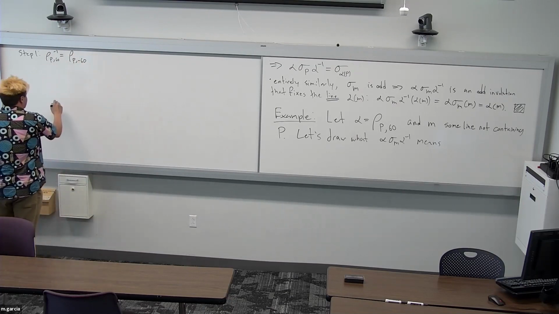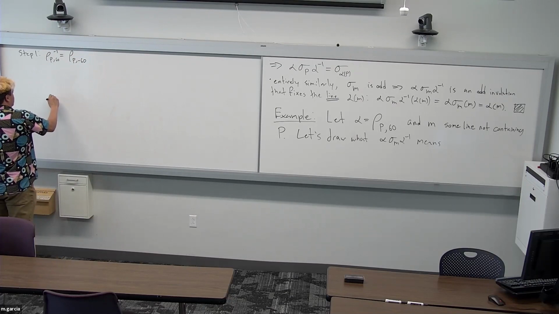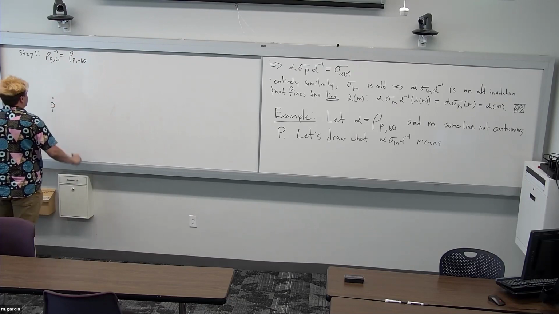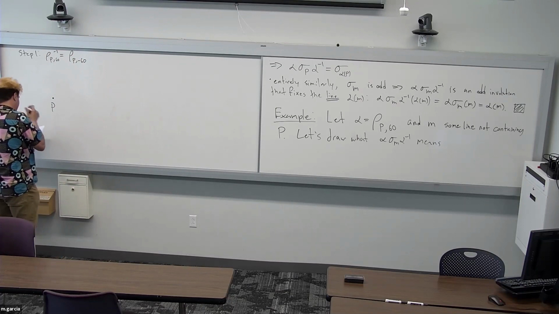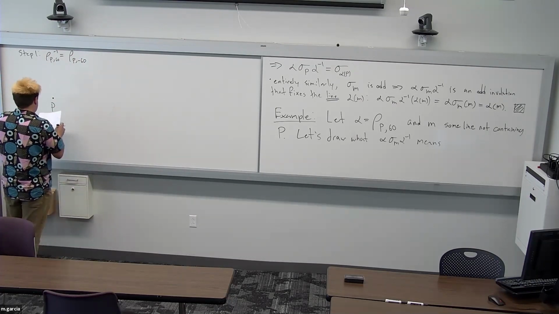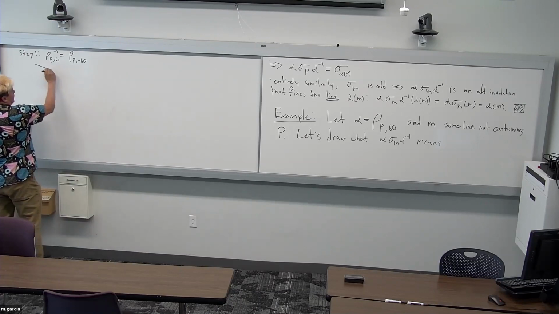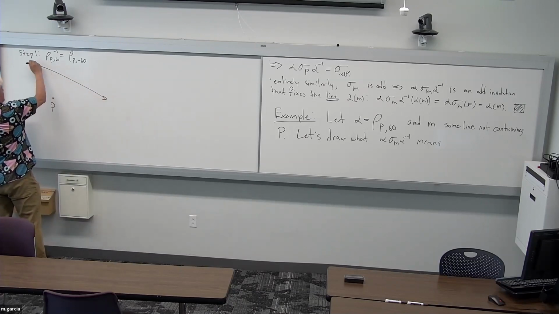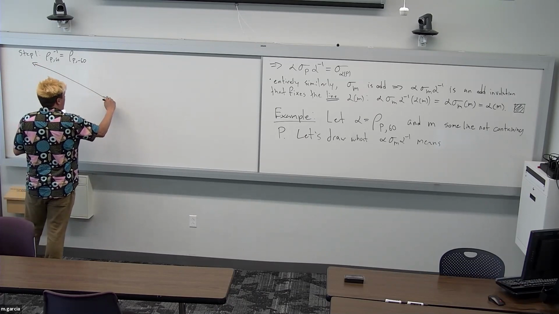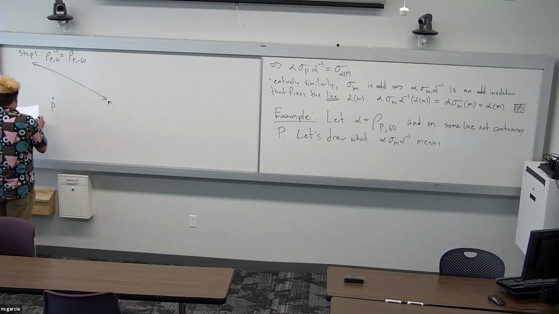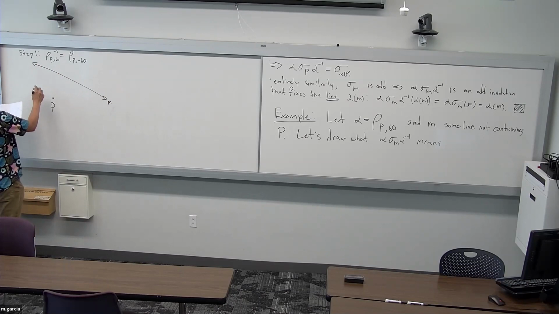Okay, now here's my schematic diagram. Here's a point P, and here's a line M. And just as an indicator of what operations I'm doing, I'll use this letter F here.